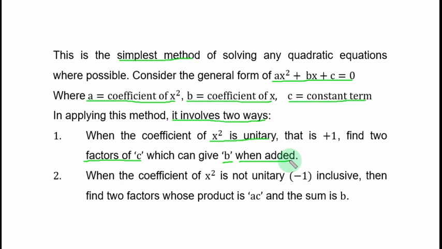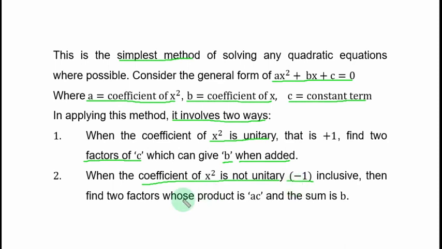The second approach is when the coefficient of x squared is not unitary, when it is not 1. Of course, you know minus 1 is not 1, so minus 1 is inclusive in this approach. Then you look for AC. Whenever a is not equal to 1, you find the product of a and c.